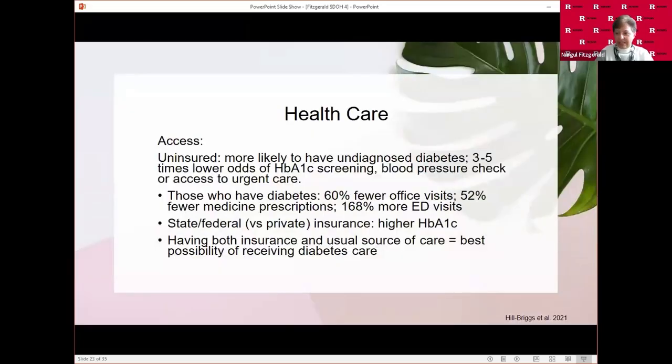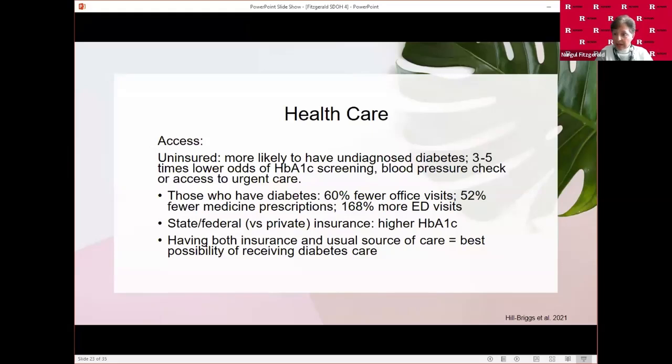Healthcare, of course, is related to both the social determinants of health and diabetes outcomes. In terms of healthcare access, definitely is one of those issues. When people are uninsured, when they don't have enough coverage, they're more likely to have undiagnosed diabetes, higher likelihood of not having blood glucose screening, or blood pressure checkups, or access to urgent care.